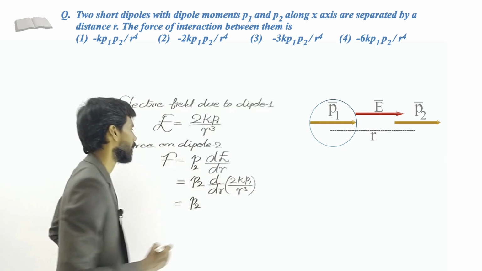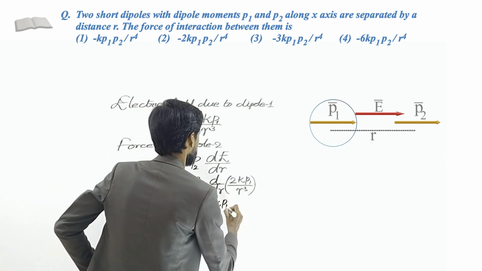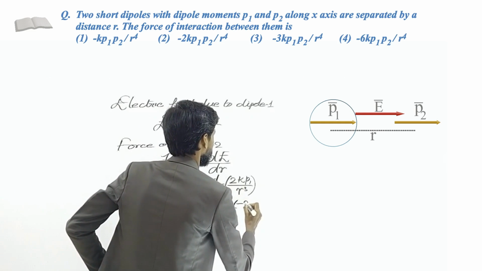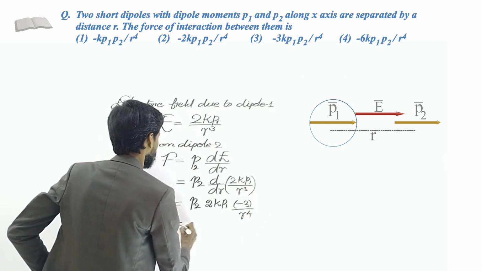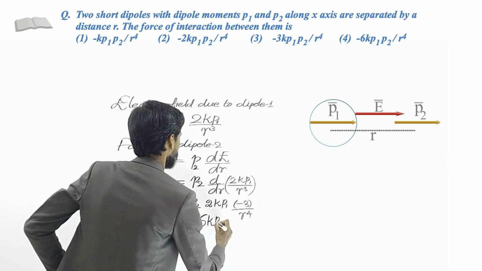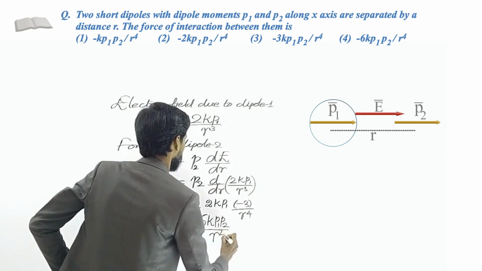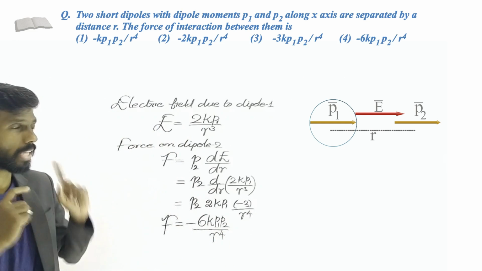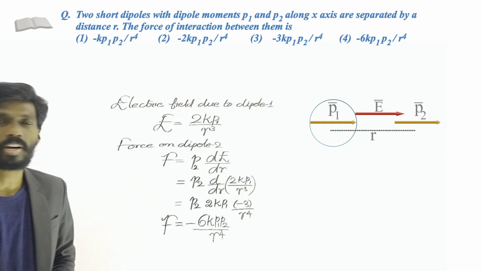The derivative of r to the power minus 3 gives 2kP1 multiplied by minus 3 divided by r to the power 4. So that is our required answer: minus 6kP1P2 divided by r to the power 4. This is the required force on one of these dipoles due to the other dipole.